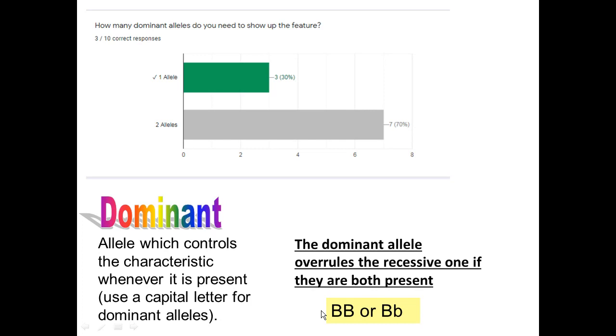For example, in this case, the uppercase is for the dominant one, and the lowercase for the recessive one. Because you have just one of the dominant allele, you will show that feature because the dominant allele will overrule the recessive one.